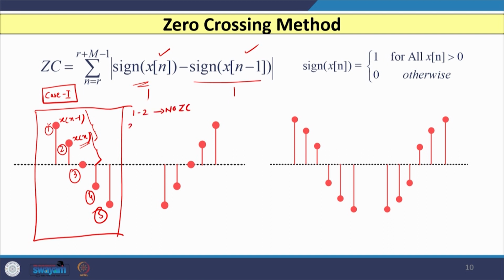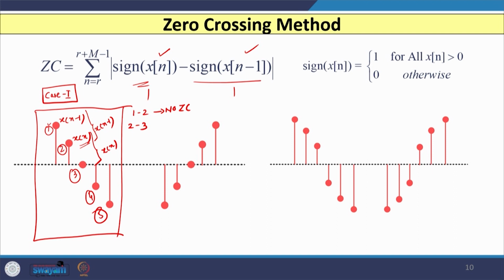When you consider sample number 2 and 3, this becomes your x[n-1] and this becomes your x[n]. When you put the value of x[n], that is already 0, and x[n-1], which is positive, you will have 1.